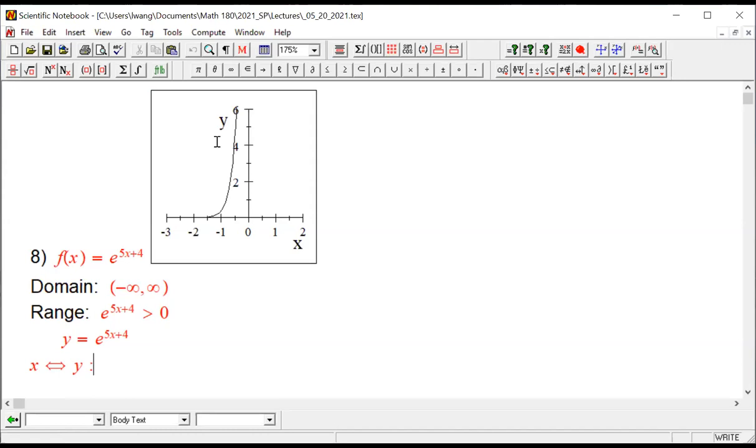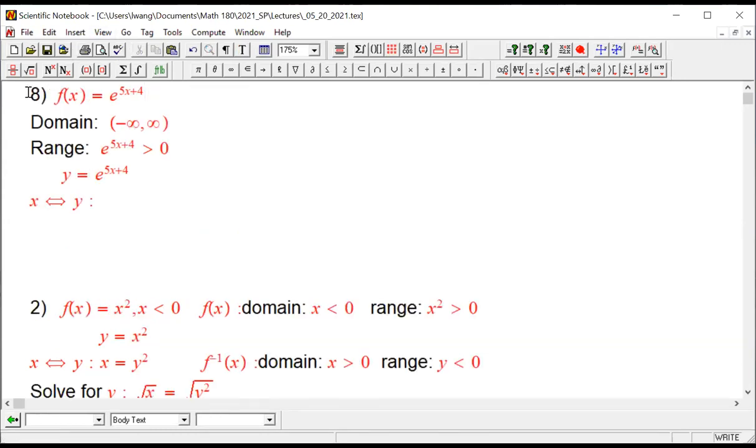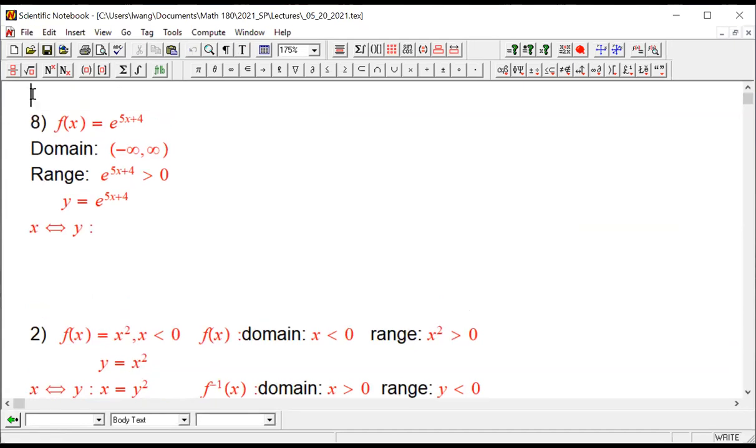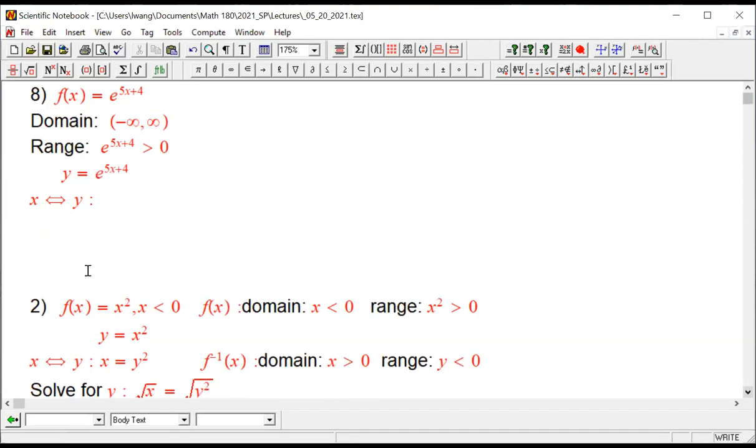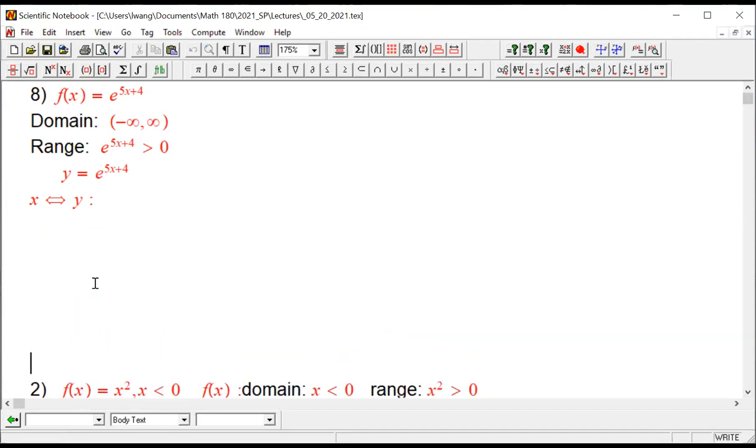Let me put this on top so we can have a better view. When we swap, we need to take care of two things: the domain and the range of the inverse function.